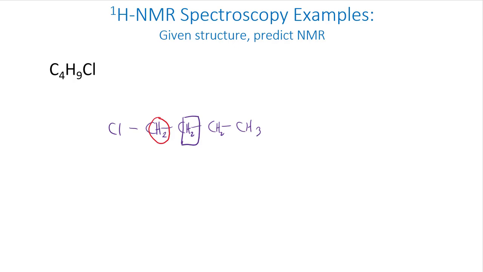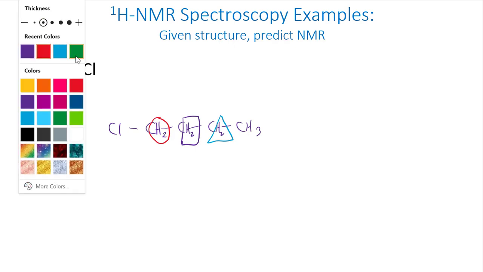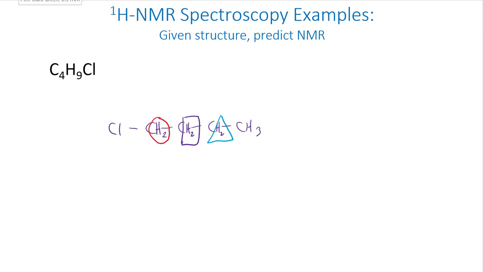The CH2s that are one further down the chain are going to be different, and the CH2s that are one further carbon still down the chain are going to be different. And lastly, the CH3 group at the end is also going to produce a unique signal.